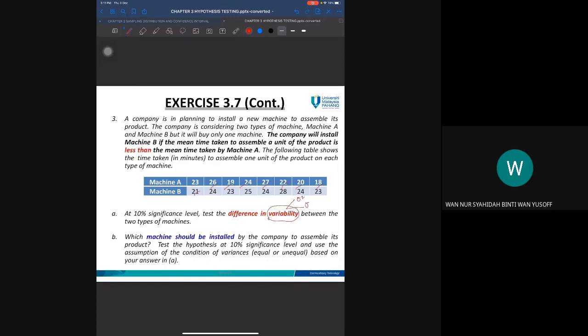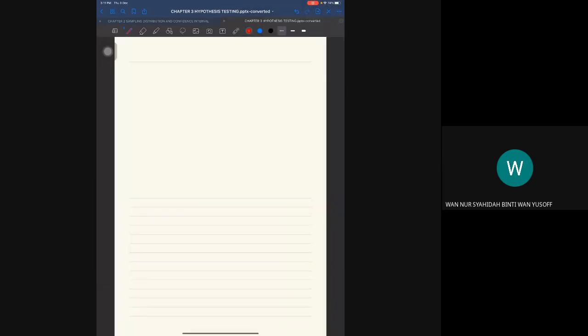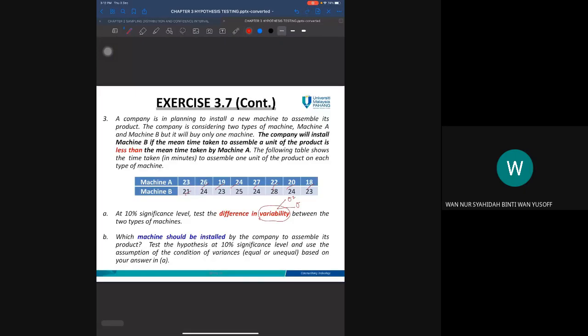Difference in variability between the two types of machine. How do we write this hypothesis? We already know the parameter is sigma square or sigma.